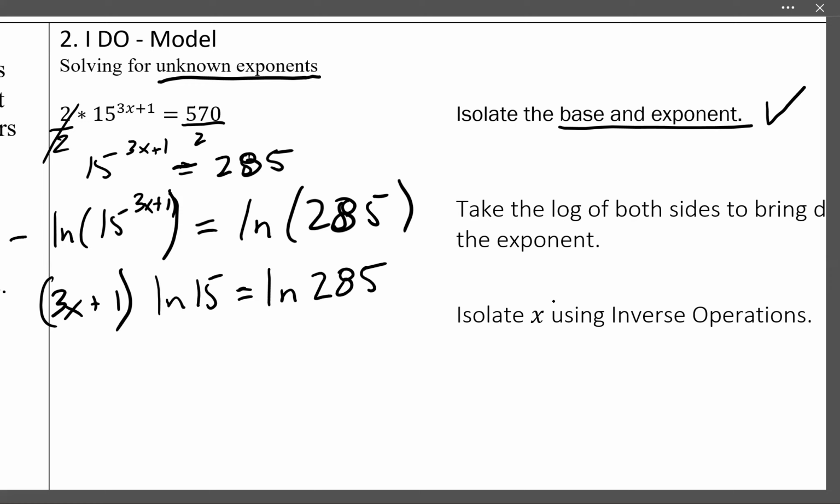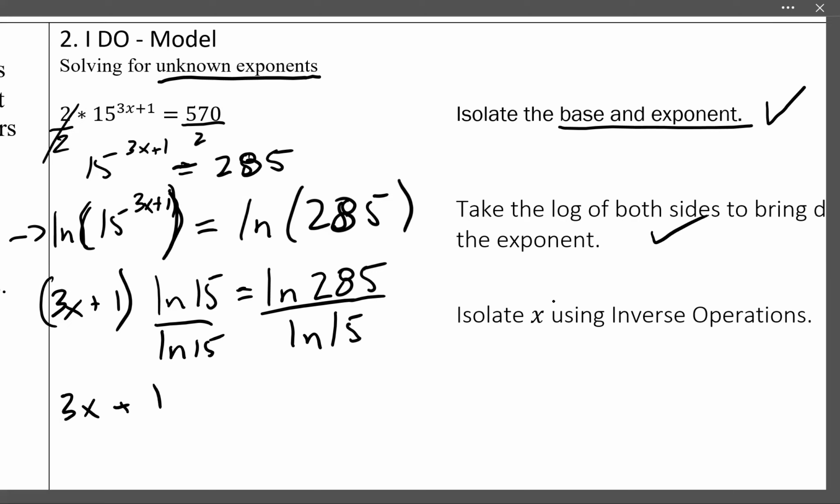So here we took the log of all of this, and that brought the exponent down in front. So now we need to isolate x, isolate the 3x plus 1. So right now, 3x plus 1 is multiplied by the log of 15. So we need to divide both sides by the natural log of 15.